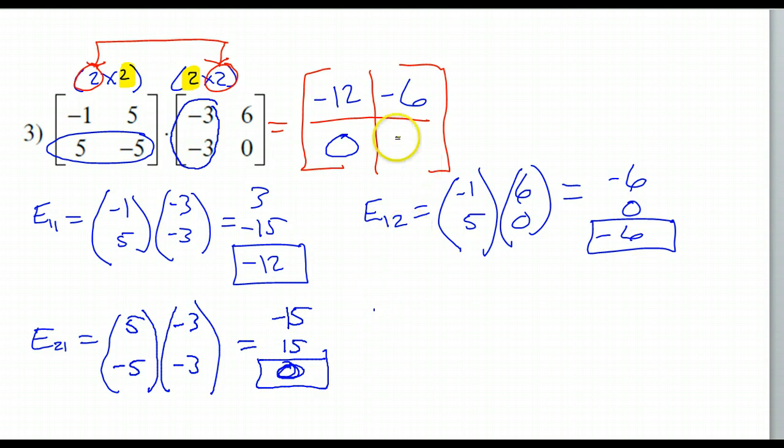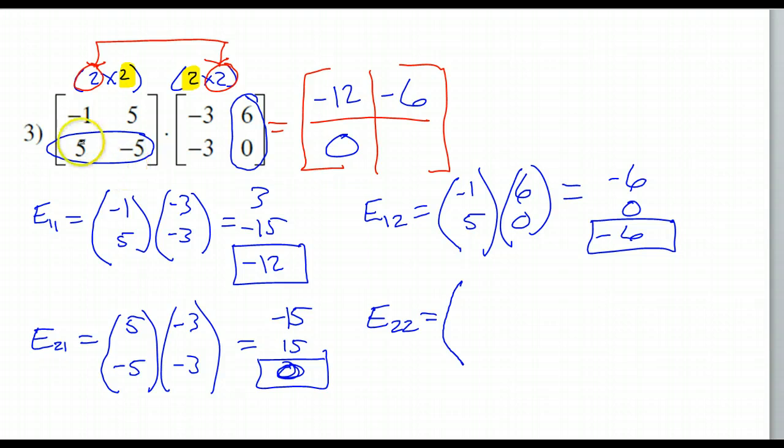Last, I'm going to do this position, and this is going to be element 2,2, because this is the second row and the second column. So I need to multiply the second row times the second column. The second row is 5, negative 5.